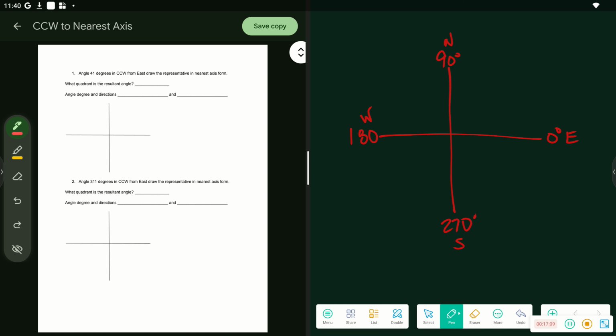So the total angle is 41 degrees. So here's what we do. We start on the positive side of the x-axis, and we go 41 degrees, just short of halfway. Draw your vector, label your vector, 41 degrees.